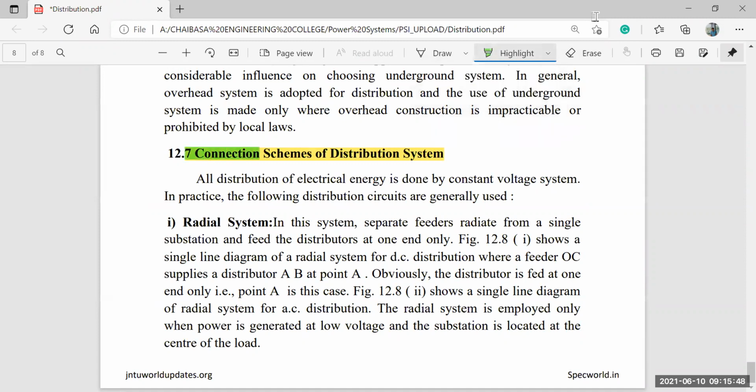Right? This is the connection scheme of a distribution system that is covered in a few of the segments. So now, can you tell what two schemes we use to distribute this energy, as I had told you earlier?